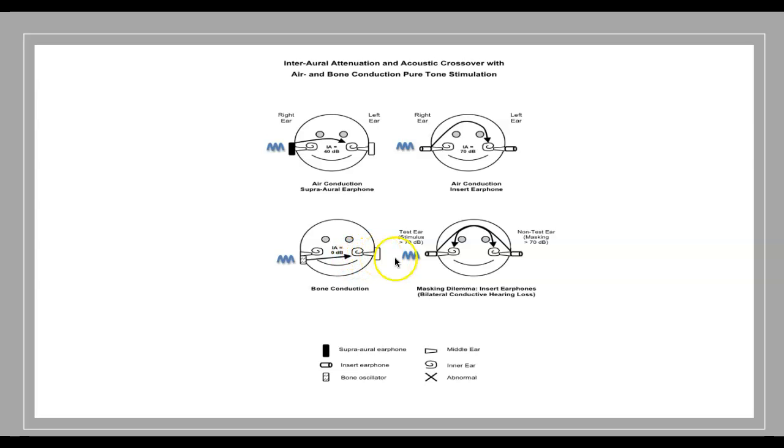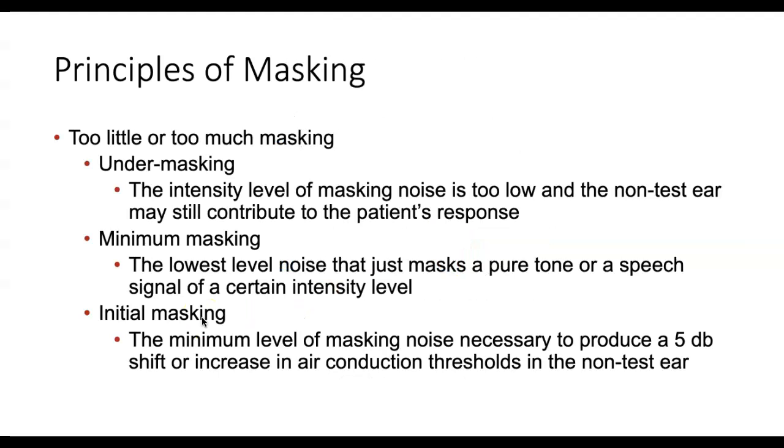And then the masking dilemma. I don't really care that you know a lot about the masking dilemma, other than it occurs whenever the amount of masking that you're going to put in a non-test ear is essentially too much, and then it will mask the test ear. There are certain cases where that occurs.